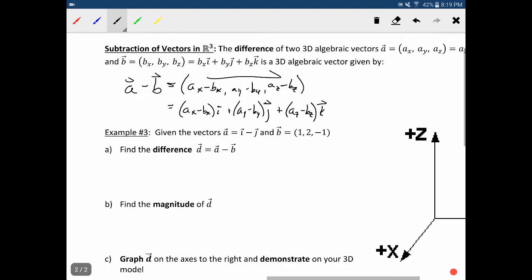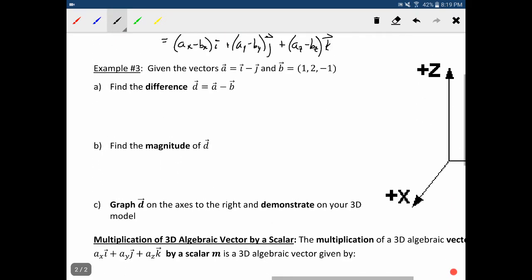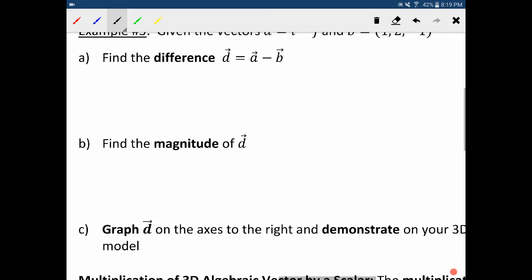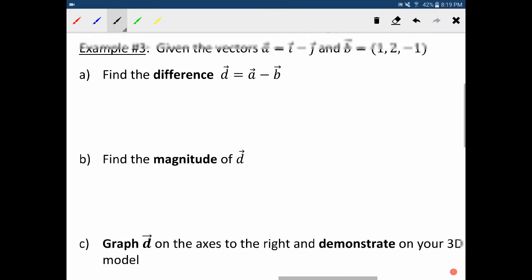Let's quickly go through this one here. For the difference d, I'm just going to do this with component form because it's a little easier to write out.